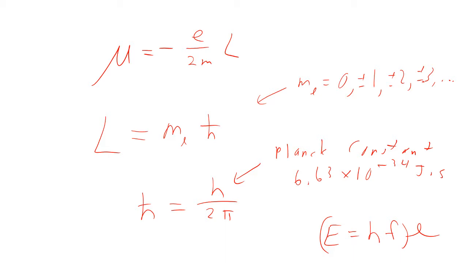Well, it turns out the electron also acts like it's spinning. So the electron is a small bit of charge that acts like it's spinning, and so there's a little bit of dipole moment due to the spin. So what we had before with the dipole due to the orbit, now we have the dipole due to the spin.